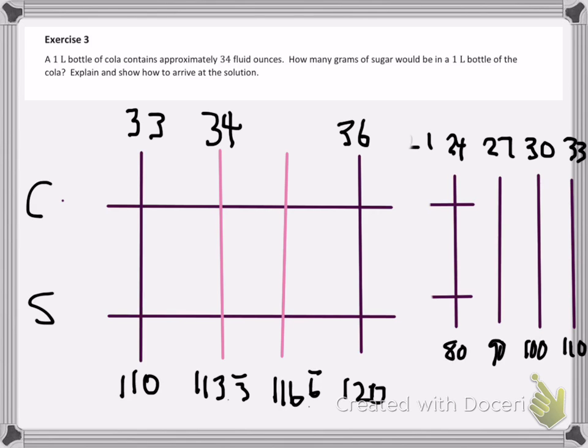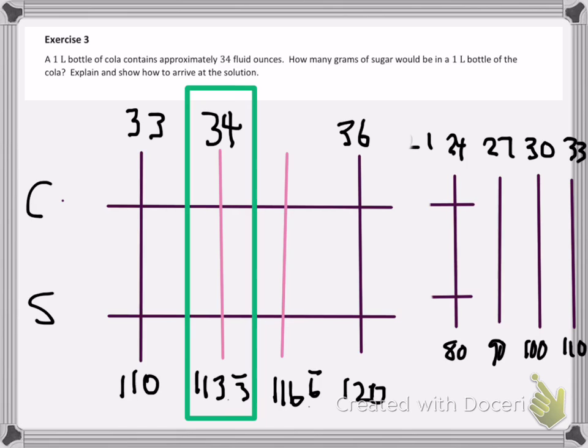So here's my answer. 34 fluid ounces would produce 113.3 repeating, 113 1/3 grams of sugar. Okay, so we can use the double number line to help us zero in on answers like that.